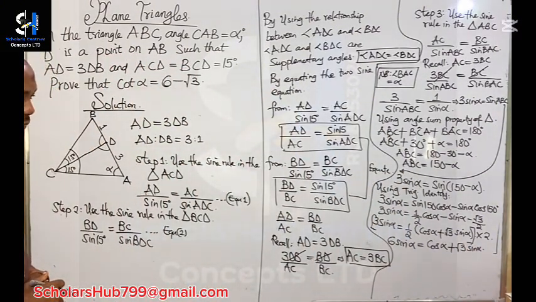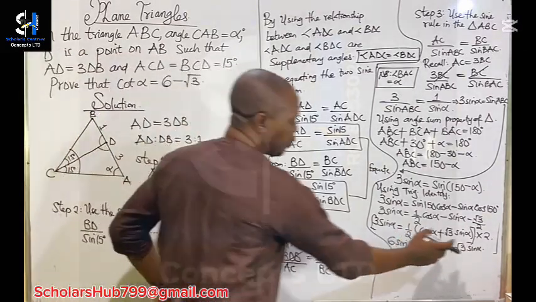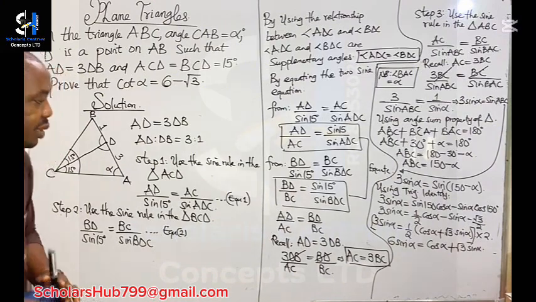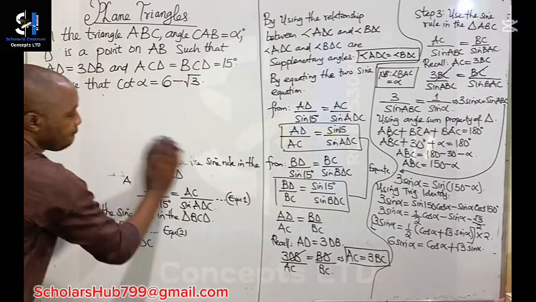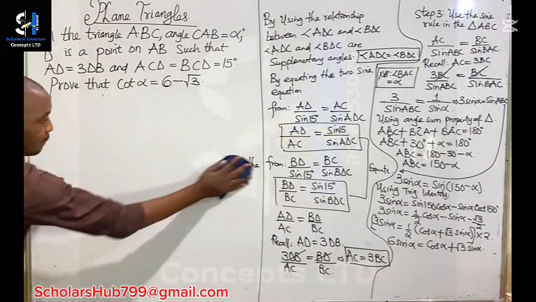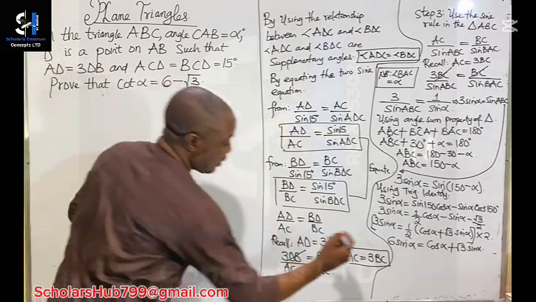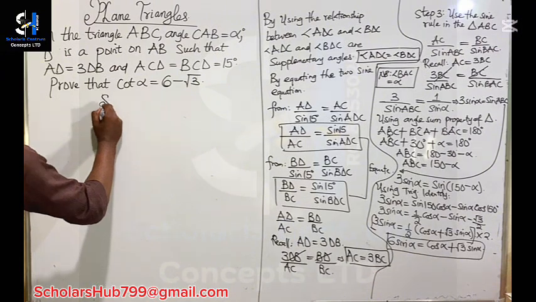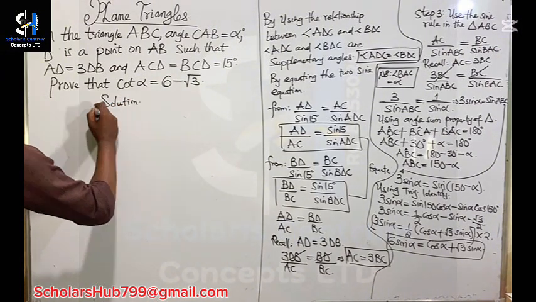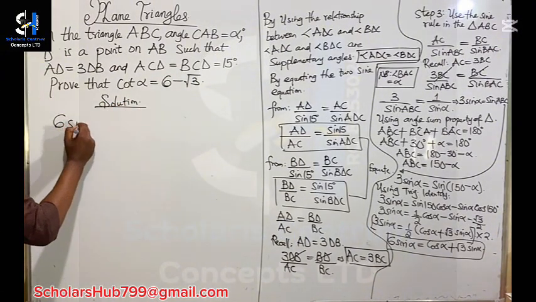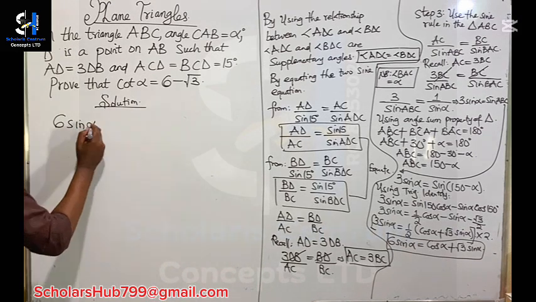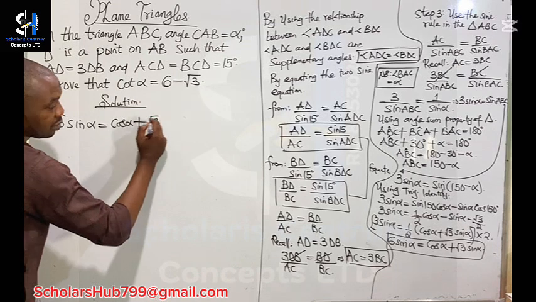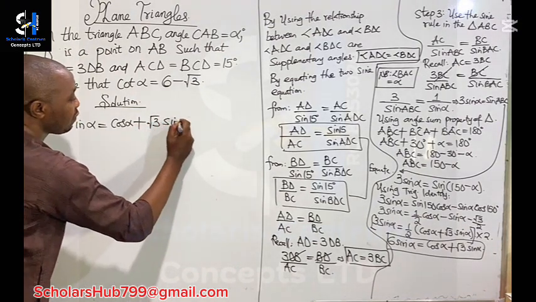Okay, we're almost there. So let's continue from here. We have 6 sine alpha equals cos alpha plus radical 3 sine alpha.